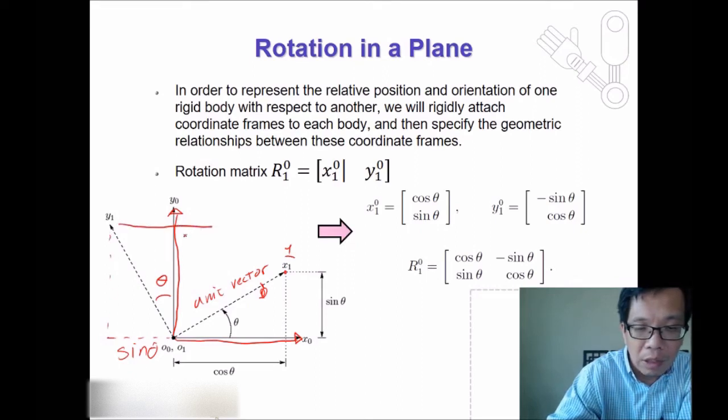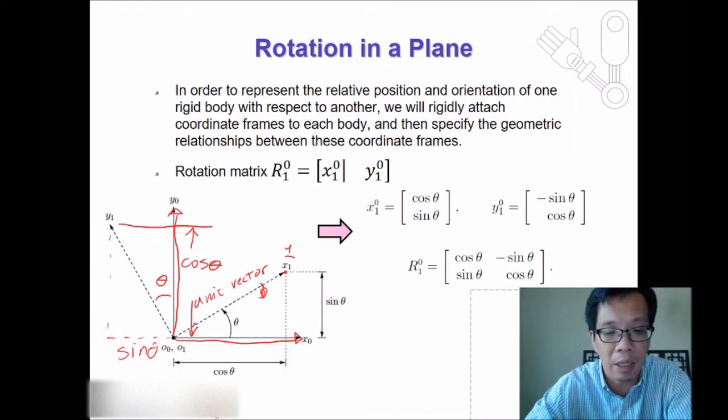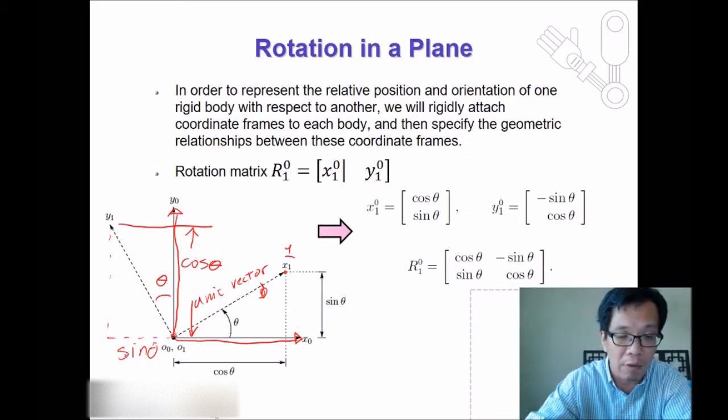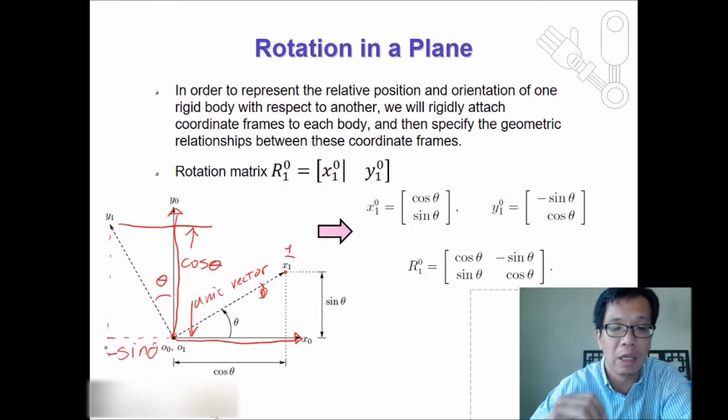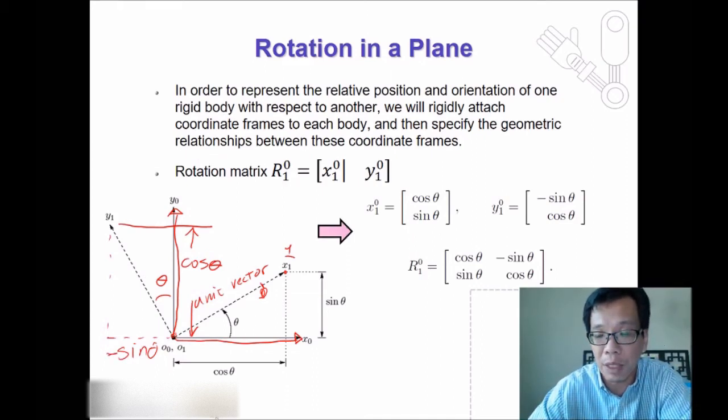And over here, this is going to be my cosine theta. But keep in mind, when you are using x0 and y0 coordinate, the sine theta over here is along the negative direction, which means your y1 viewed from 0's coordinate is going to be negative sine theta in the x direction, and cosine theta in the y direction.